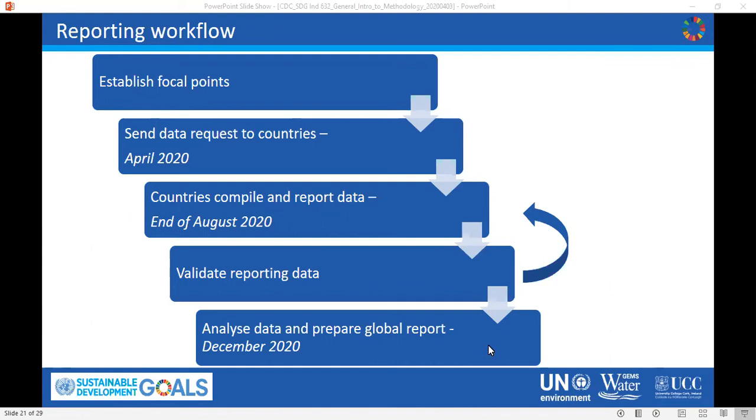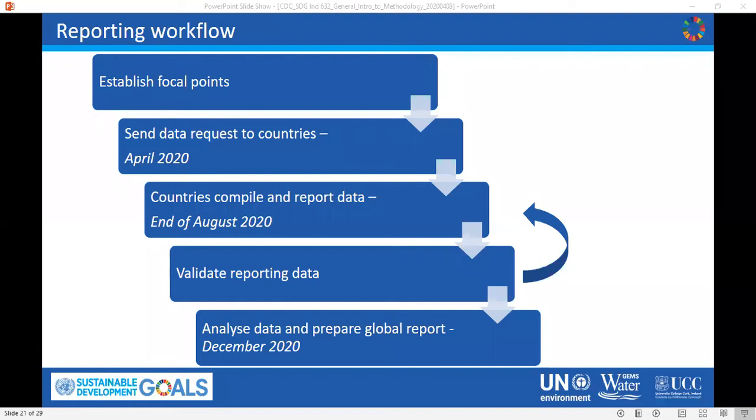Upon the submission of reporting data by data providers, we validate the data continuously in collaboration with data providers in case there are unclear or challenging aspects within the reported data.